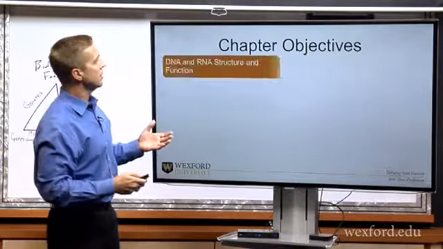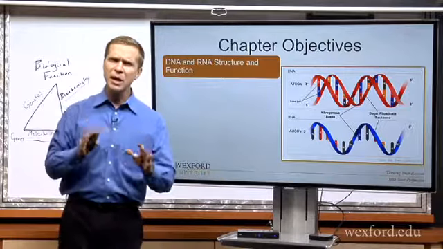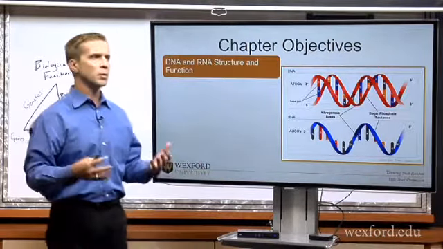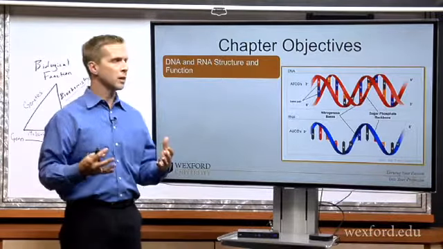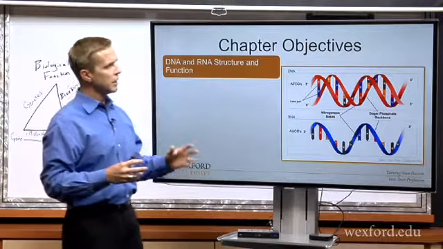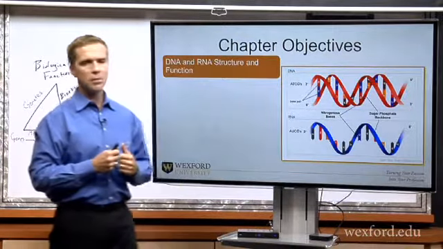In order to do that, we're going to go back to DNA and RNA structure and function. Once again, we already covered this way back in week 3, I think it was, module 3, when we looked at basic biochemistry and the basic structure of your nucleic acids, your DNA and RNA. But once again, we're going to look closer at the structure of that double helix of the DNA molecule.